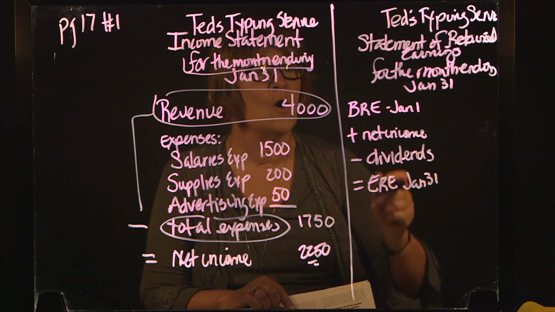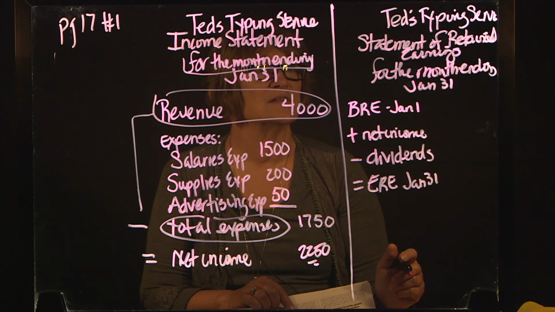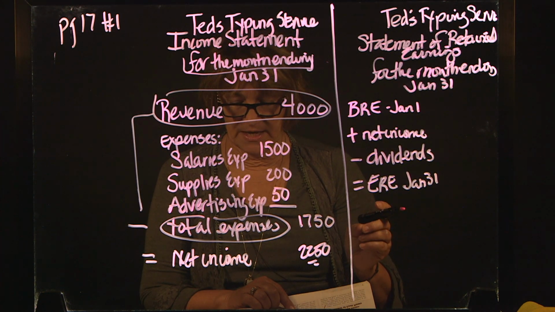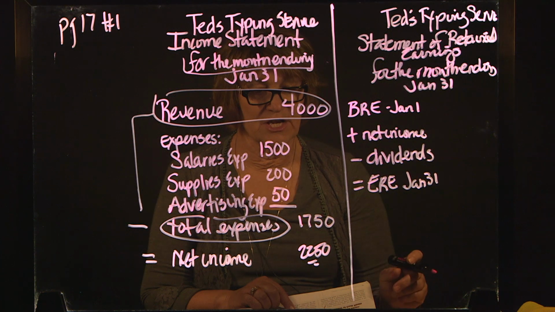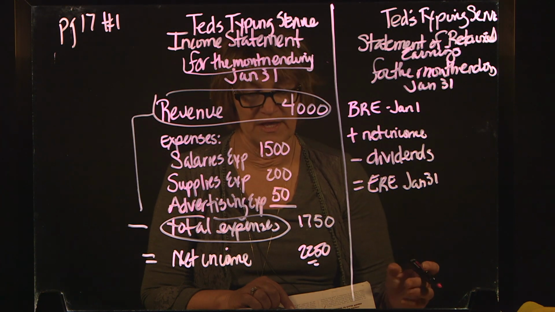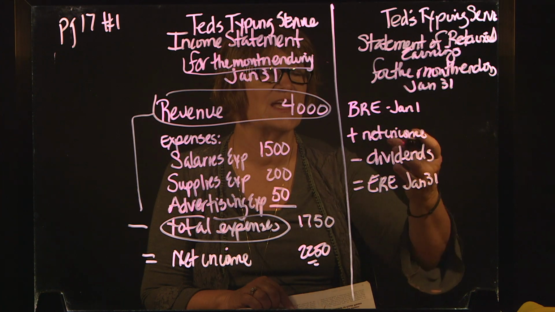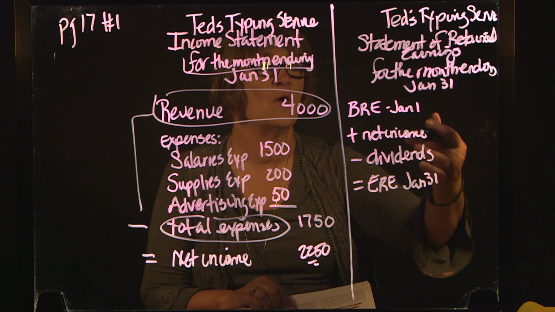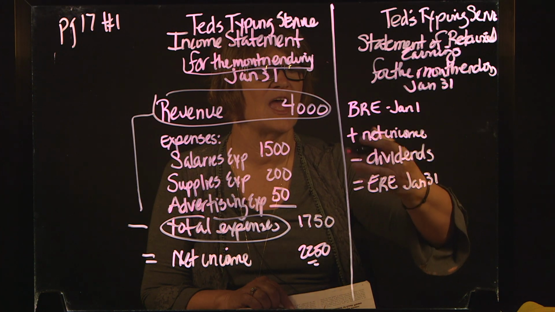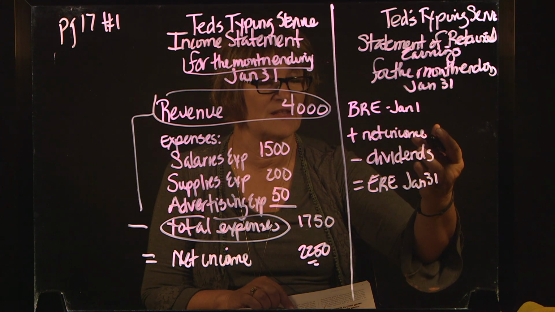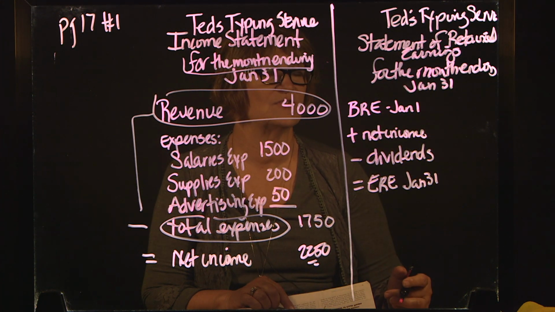The statement of retained earnings for a company shows the change in a company's retained earnings over a period of time. In other words, it talks about how we got our profits and then if we distributed any of the profits and what we have left over.